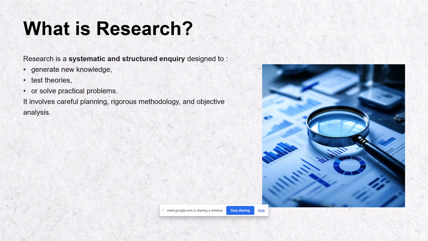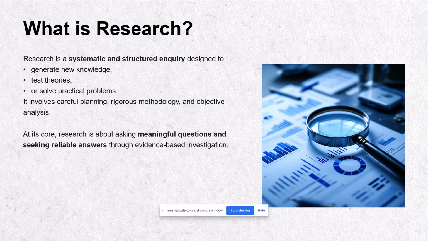Now, formally, research is systematic and structured inquiry designed to generate new knowledge, or test theories, or solve practical problems. It involves careful planning, rigorous methodology, and objective analysis.